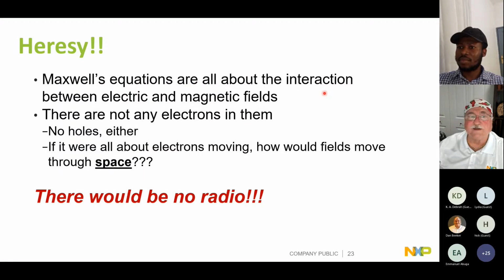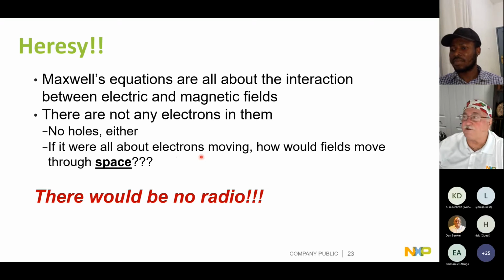Here's the missing piece. Maxwell's equations are about the interaction between electric and magnetic fields. They aren't talking about electrons or holes moving. And here's the thing that I feel pretty stupid because I missed this for most of my career. The electromagnetic fields on a circuit board are the same energy as radio. All of us believe in radio, and it makes our world.